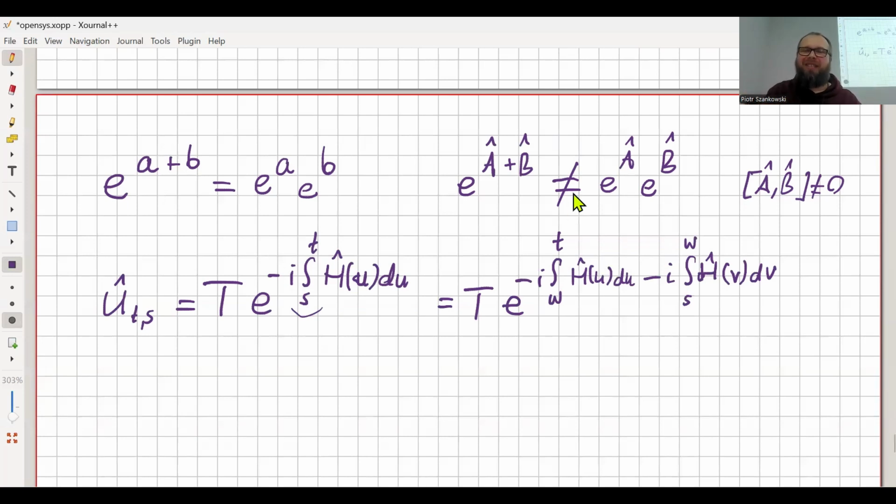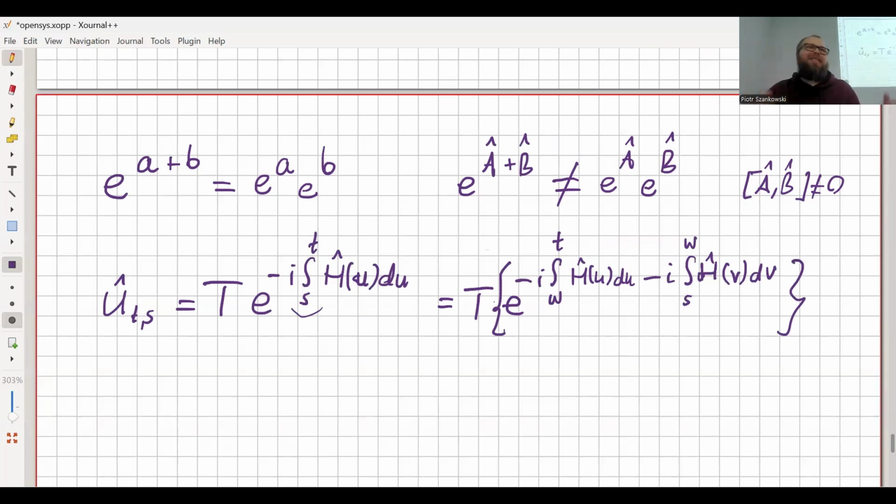However, we know that this cannot be done for free because of the order. However, time order, we have T, the operation T. It acts on this whole stuff. And the rule of thumb about T is that when operators are under T, you can treat them like numbers because T will take care of the correct ordering afterwards.